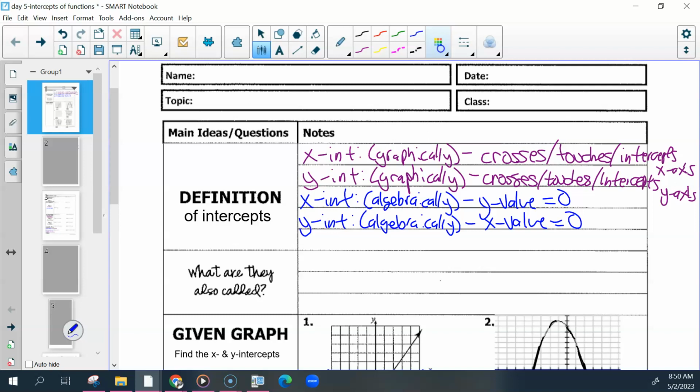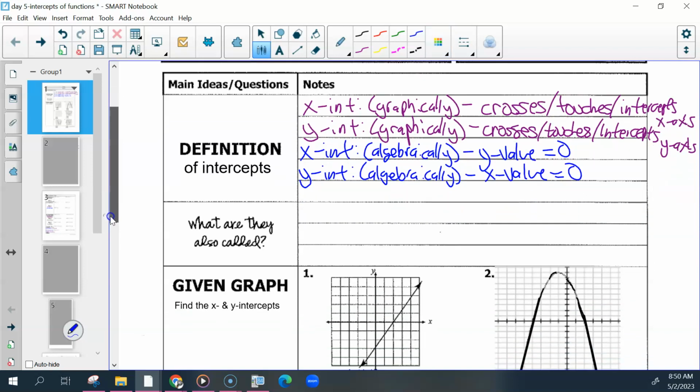X-intercepts have multiple names. Anyone remember what those other names are called? Solutions is one.